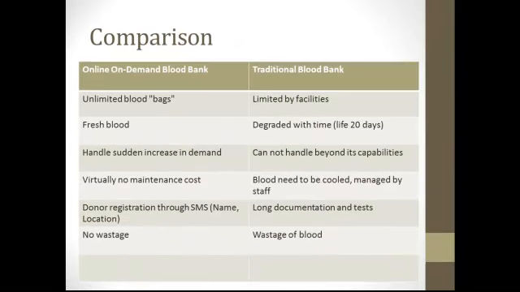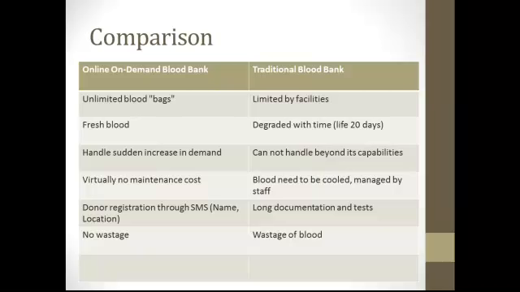If we just do a brief comparison of what an online blood bank will do versus a traditional blood bank: a traditional blood bank is limited with the facilities, while the online blood bank will have an unlimited number of users. There will always be a fresh supply of blood. In a traditional blood bank, normally the blood is no longer usable after 20 to 30 days.